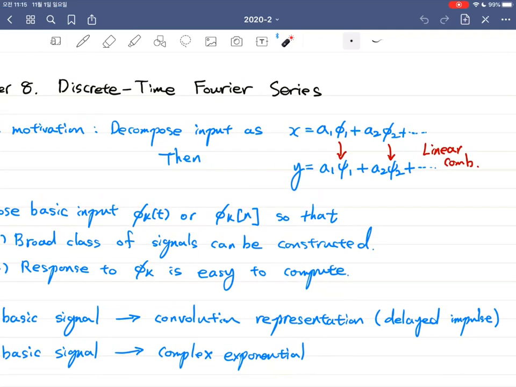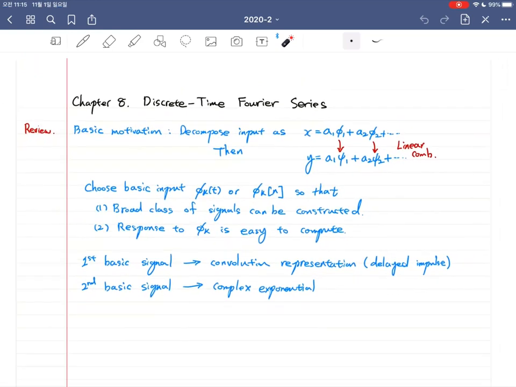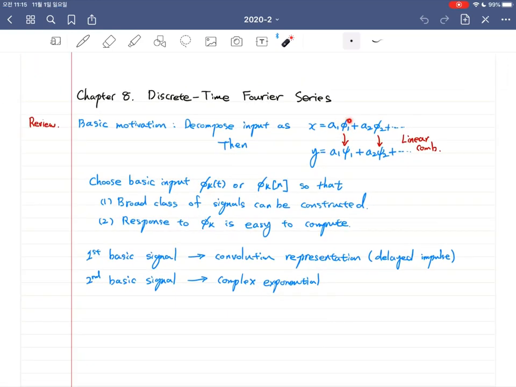And if you process it through this system, then you will get this output because of this property of linearity. And we need to choose this basic input, phi 1, phi 2, phi k, or phi k of n, because we are dealing with this discrete time case.